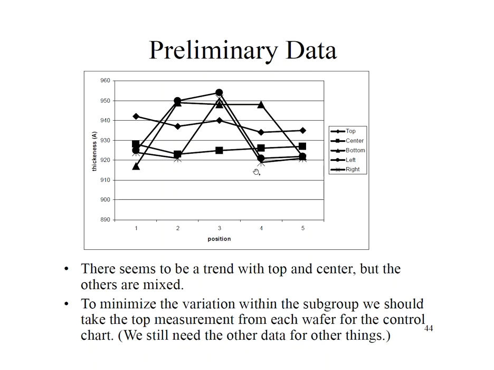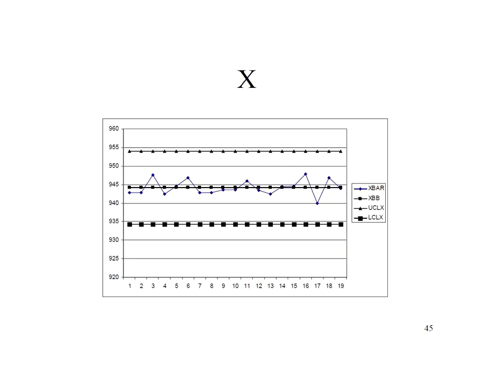But there is some. So that is a case for taking this thickness and finding the average of all of these points and then either doing the standard deviation or the range. So now we're back to this control chart.